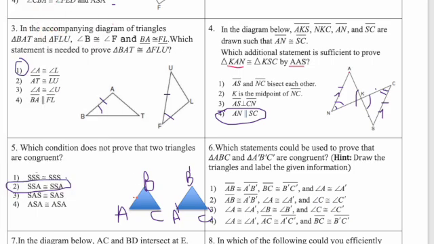Now you could try the other ones, but the third one is angle, angle, angle, so we don't use that one. And the other one is angle side side, and we're not going to use that one, so it's definitely number 2.